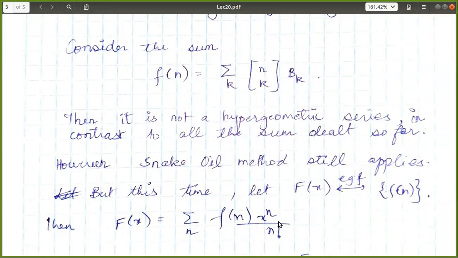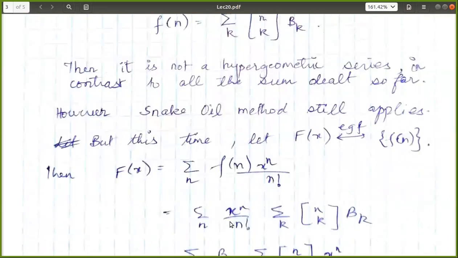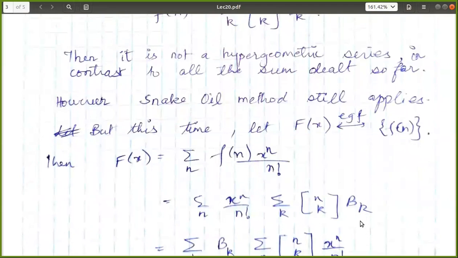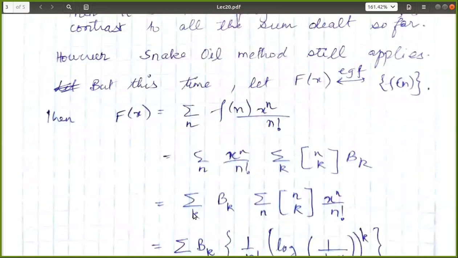That was the difference between the OPSGF and EGF. So f(x) is equal to this, and then you put the value of f_n here and interchange the summations.